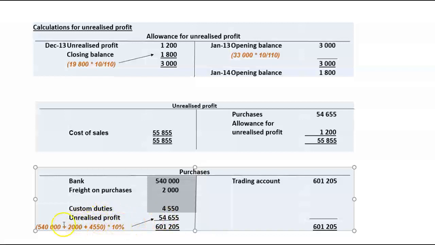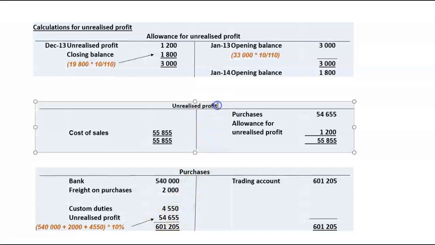So 10% of that amount gives us 54,655. So we're going to debit, in this case now, the purchases account with 54,655. That's the 54,655 that you see there. And we're going to credit the unrealized profit account, and this is the P&L account, with that amount of 54,655.